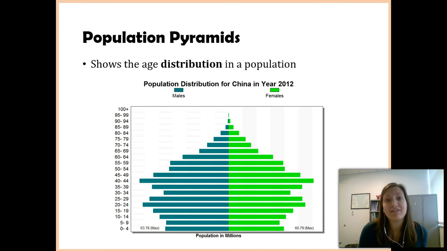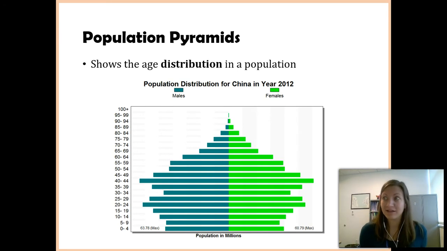We can actually see the effects of the one-child policy in this population pyramid. It was really huge, but you can already see a declining and even stabilizing population. And you may think, well, how do people live in that condition? I used to live in China.